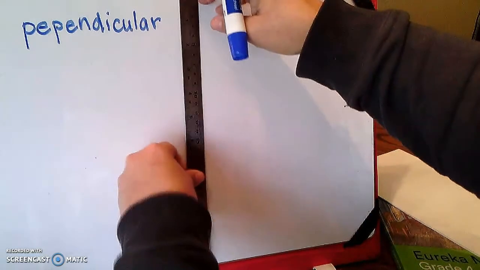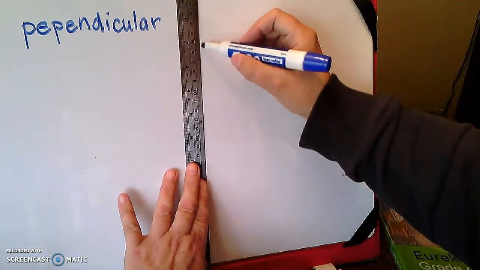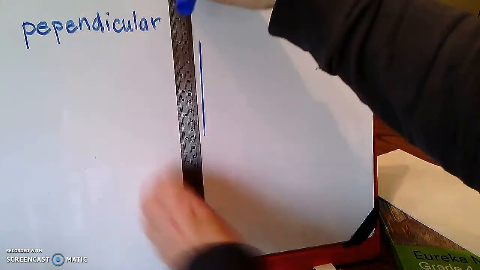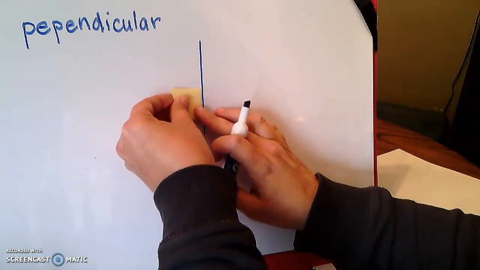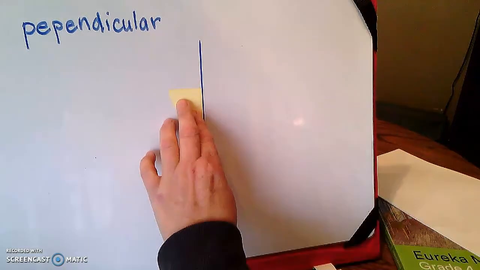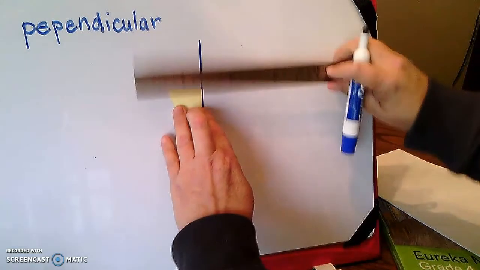All right, I am going to start by drawing perpendicular lines. Now we haven't actually talked about them in terms of their actual definition, and hopefully before we're done today you will understand what it means. I'm going to draw a line segment here, and now using my right angle template I'm going to line it up against this line segment, and then I'm going to take my straight edge.